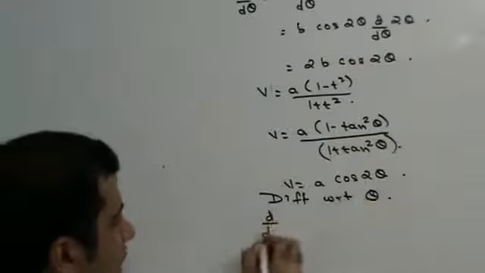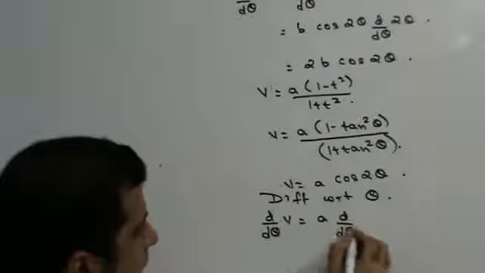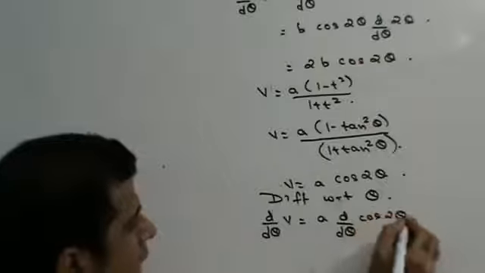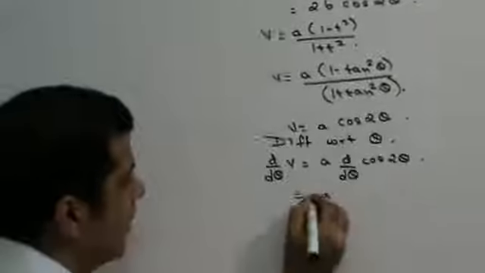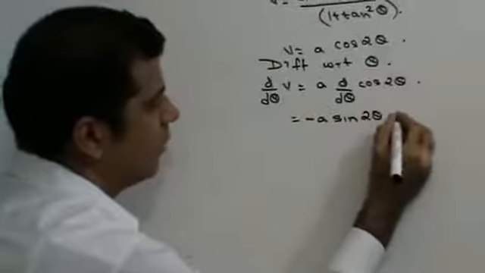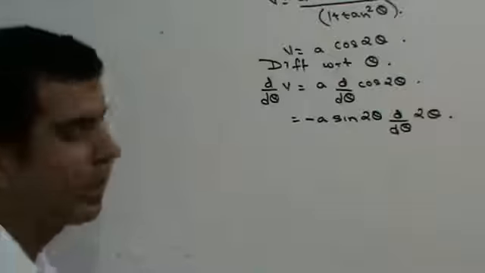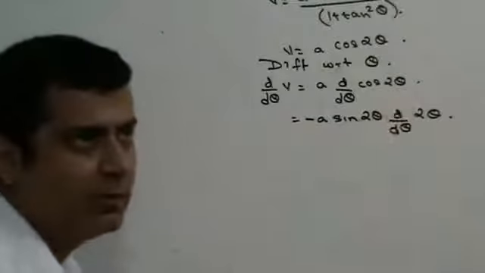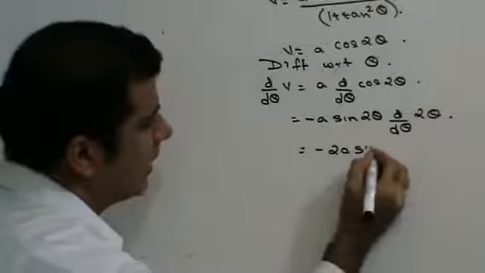So you will get d by d theta of v is a d by d theta of cos 2 theta. A d by d theta of cos 2 theta is nothing but minus sin 2 theta d by d theta of 2 theta. D by d theta of 2 theta is going to be 2. So this is minus 2a sin 2 theta.